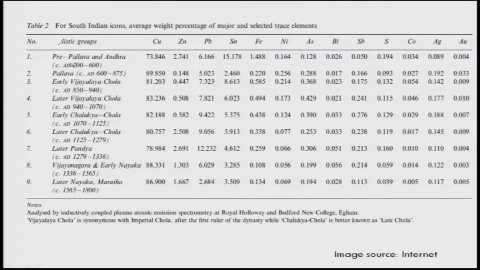And let me show you the compositions from the pre-Pallava time, which is something like 200 CE, to 1800, till the Mughal, till the British, even till the Maratha periods, it was continuing.